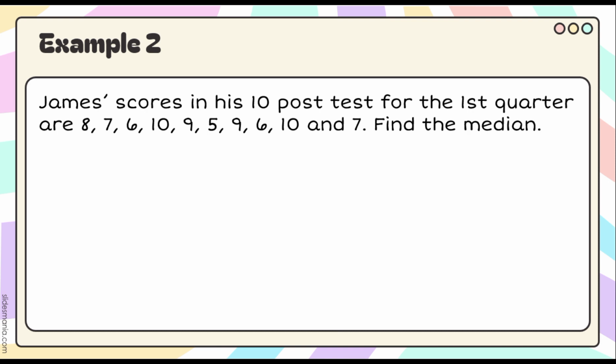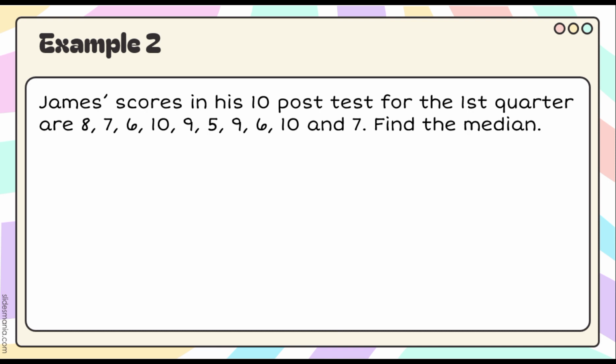Example number 2, James's scores in his 10 post-tests for the first quarter are 8, 7, 6, 10, 9, 5, 9, 6, 10, and 7. Find the median.